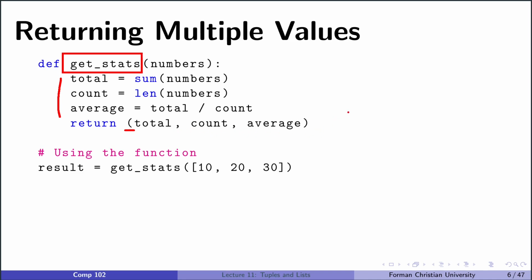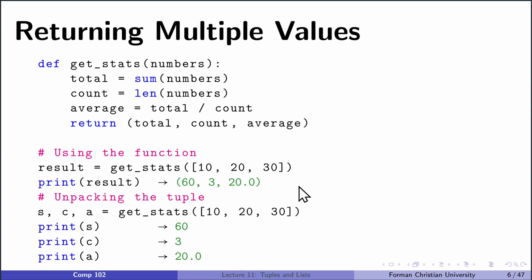So if you look closely at this line, this is creating a tuple, and it's returning exactly one object, and that is this tuple. But this tuple holds 3 values. So you can grab the whole thing: result equals whatever this function is returning, and that's the tuple. So this result is going to be a tuple of 3 values.